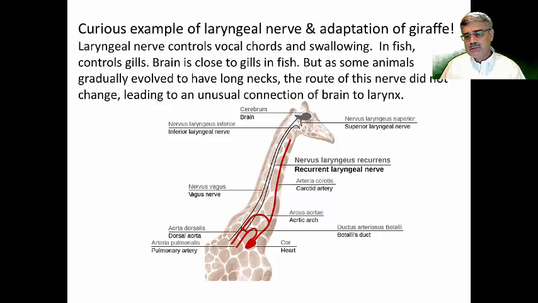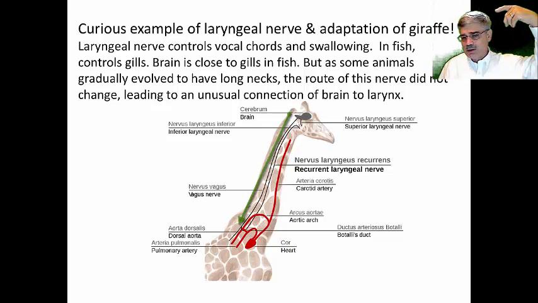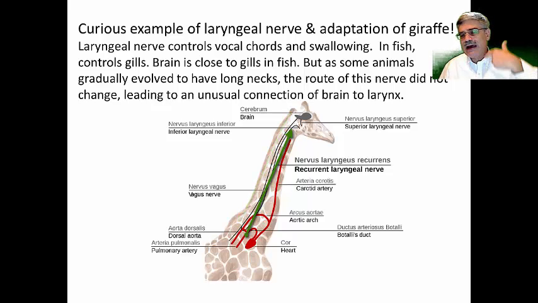Again, in most mammals, the distance between the brain, the larynx, and our heart are not very far. But as a mammal evolved a longer and longer neck, what is curious is that this one nerve goes all the way down from the brain, looping around the heart, the aorta coming out of the heart, and then all the way back up to the larynx, several meters, just to innervate or control the larynx.